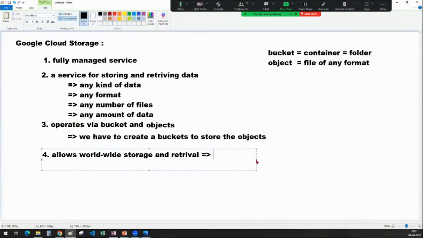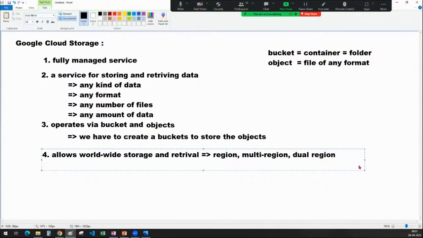You have to understand the concept of region, multi-region, and dual region.